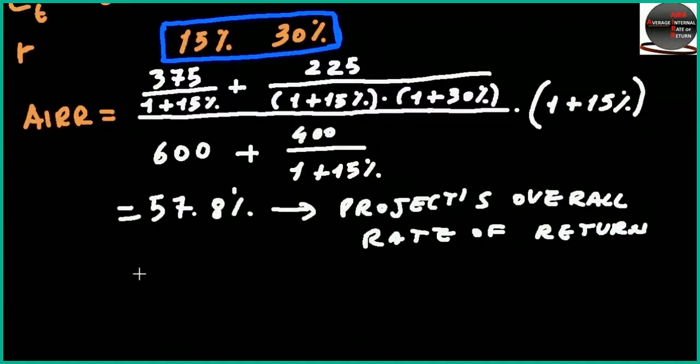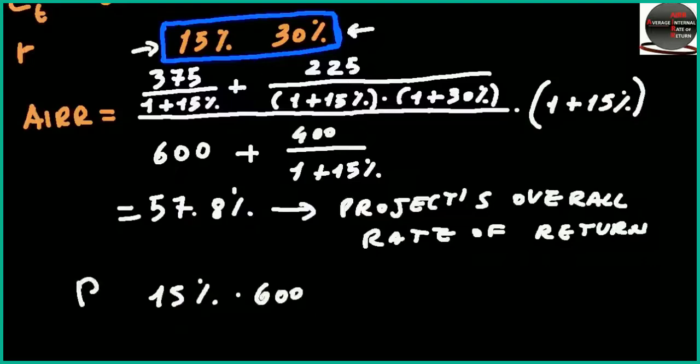That is, if the investor invested the capitals in the market instead of investing in the project, the investor would earn 15% in the first period and 30% in the second period. So the first income would be 15% of 600.